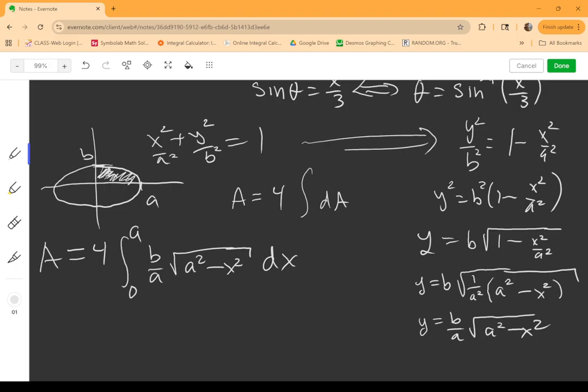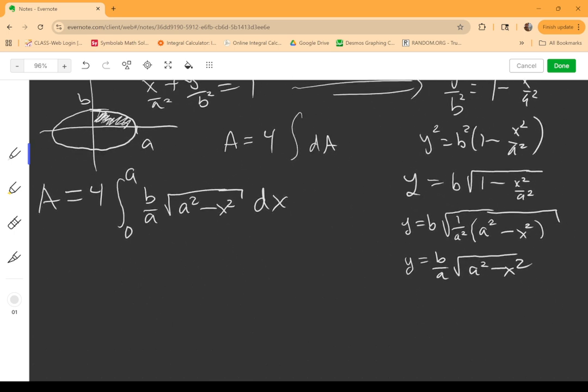And now it becomes one of our trig substitutions. So we're going to let our substitution here be: let x equal a sine of theta, which means that dx is a cosine theta d theta.